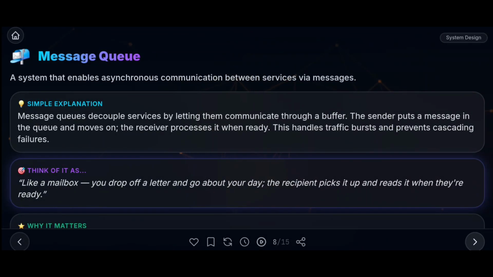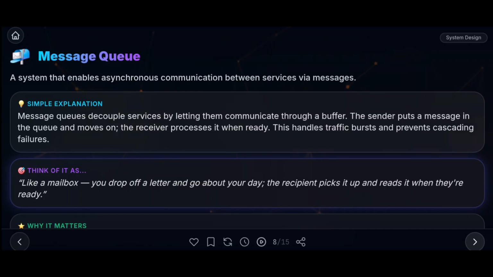Another important point is message queue, a system that enables asynchronous communication between services via messages. Simple explanation: message queues decouple services by letting them communicate through a buffer. The sender puts a message in the queue and moves on.